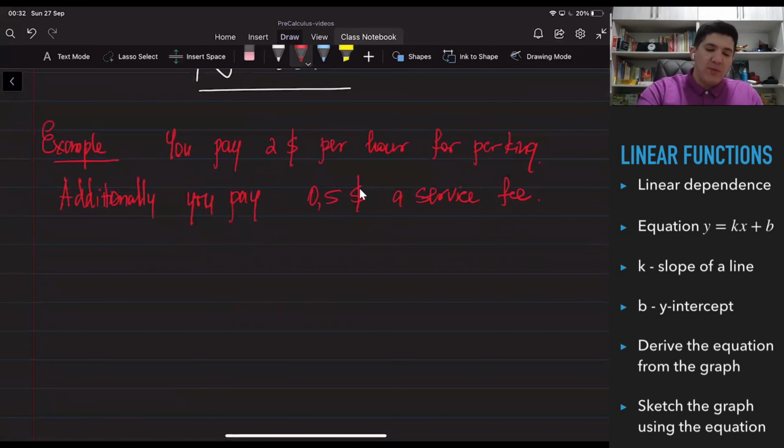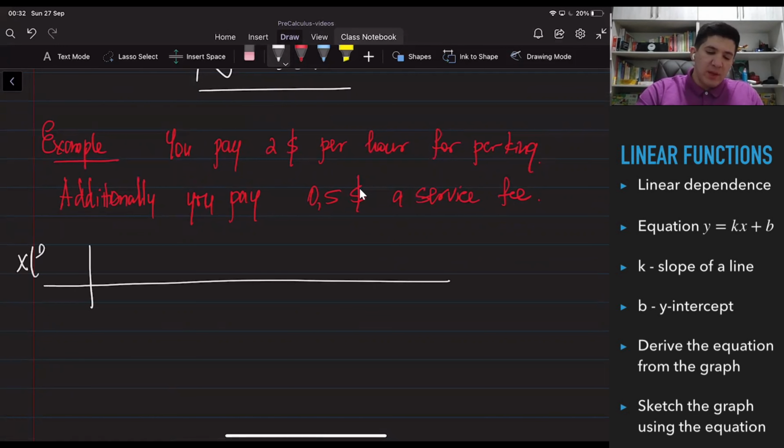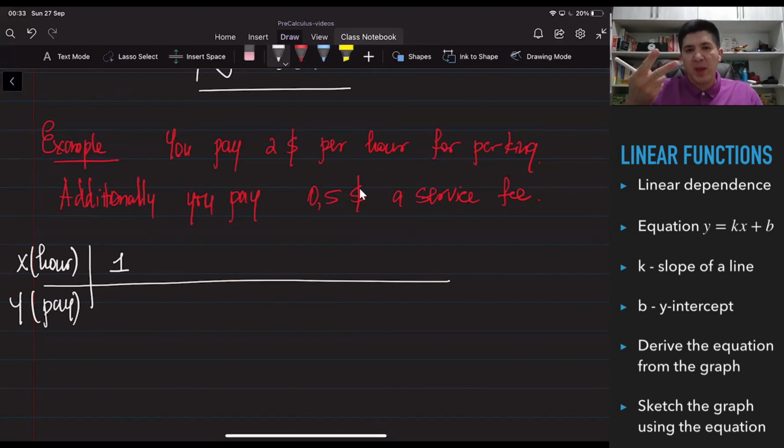Okay, so now I would like to make again a table where x is going to be the number of hours I would like to stay, and y is going to be how much I need to pay. So if I would like to stay just 1 hour, it would be just $2 I have to pay, right? Plus the service fee, which is going to be 2.5.